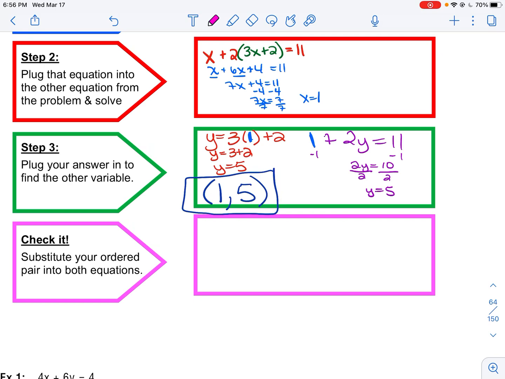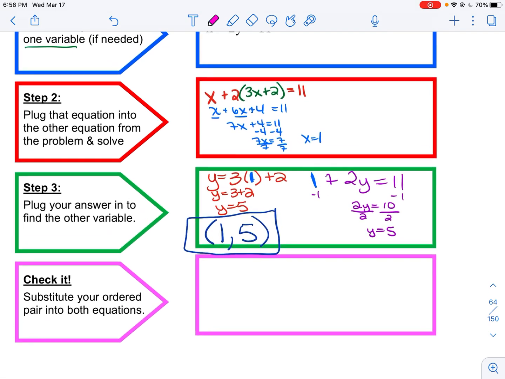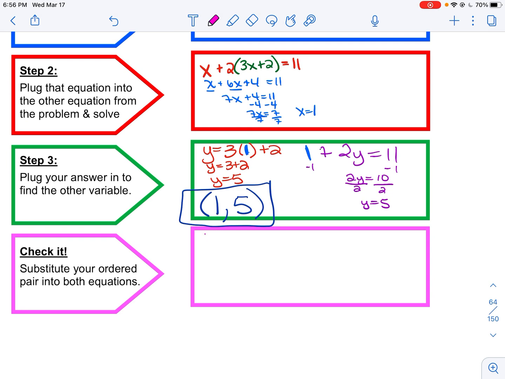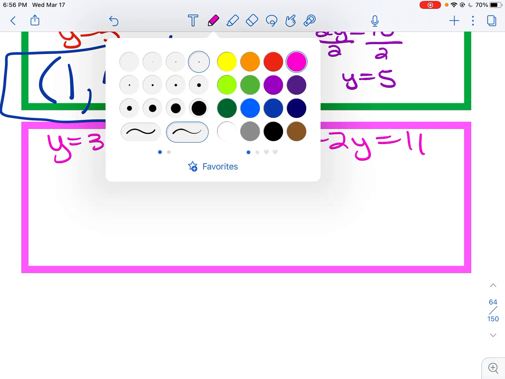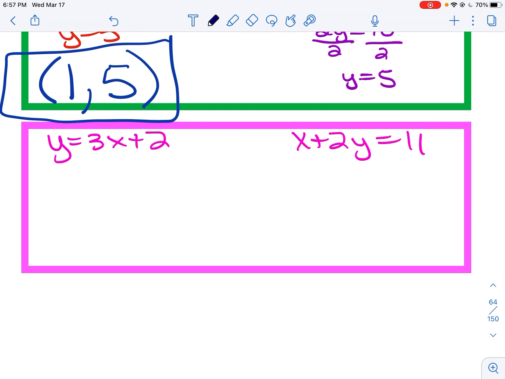So we are going to take the original equations. So y equals 3x plus 2 and x plus 2y equals 11. We're going to replace.